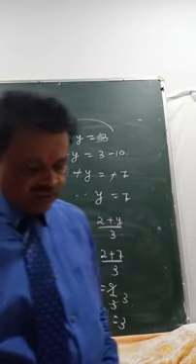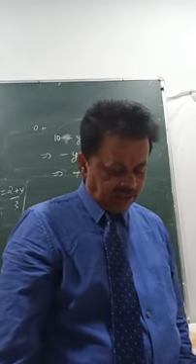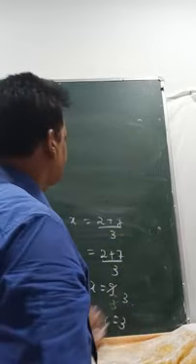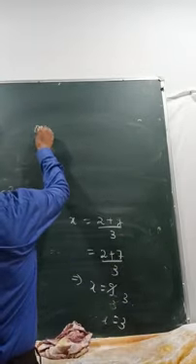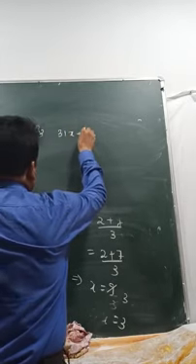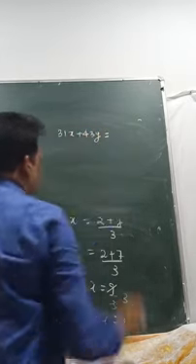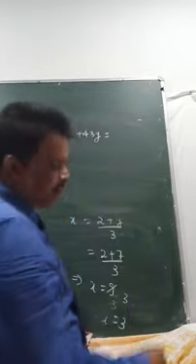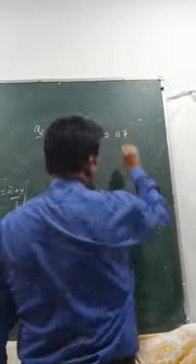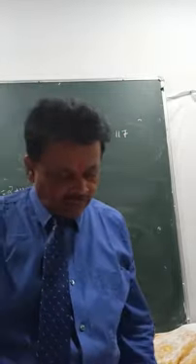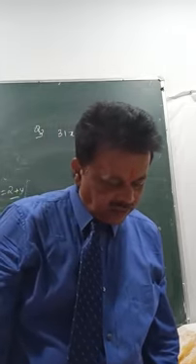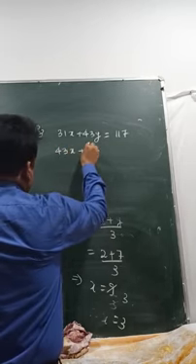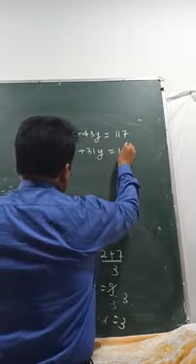Okay, let's take one more question. Like 31x plus 43y equals to 117, then 43x plus 31y equals to 105.